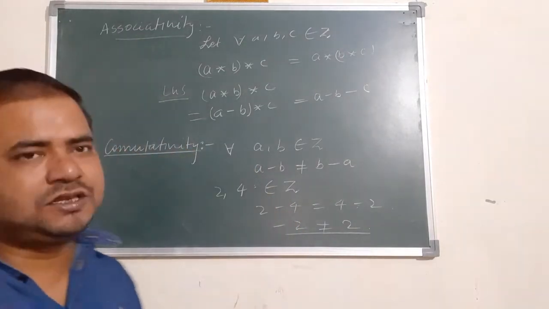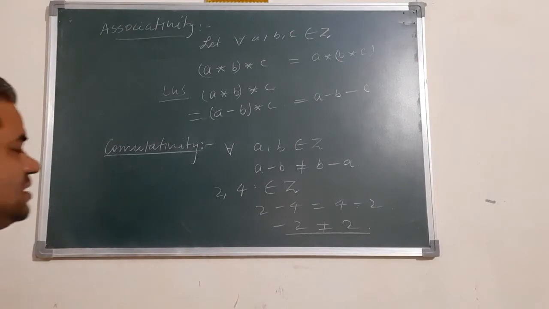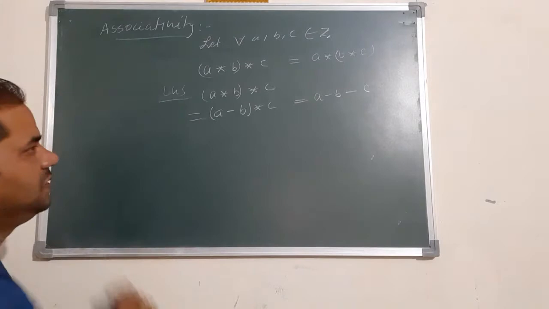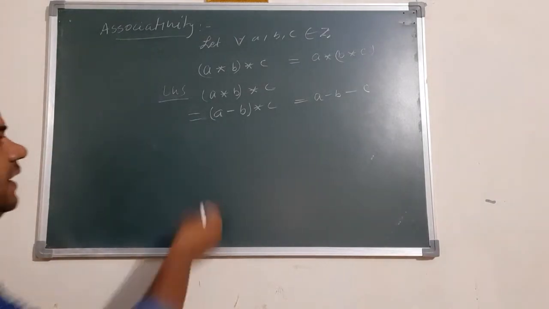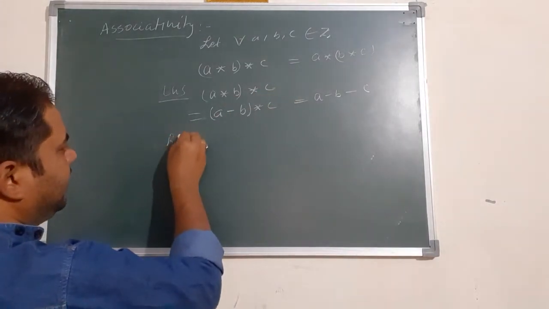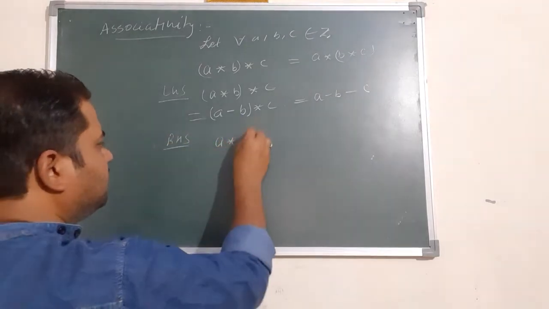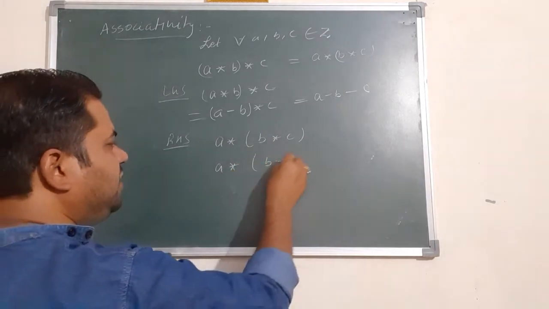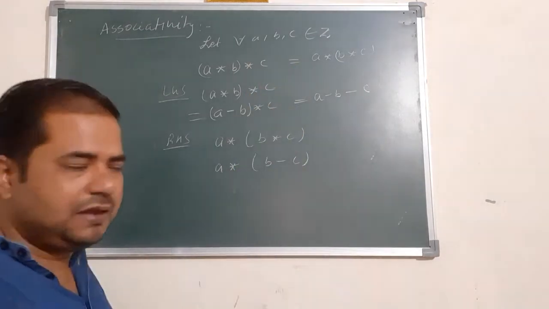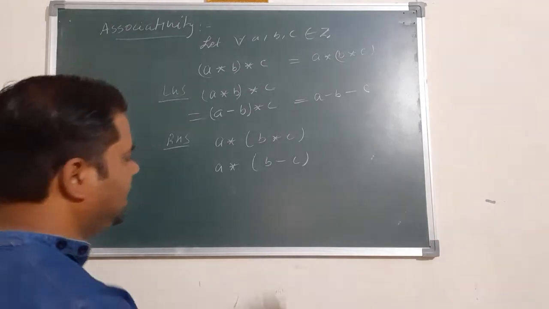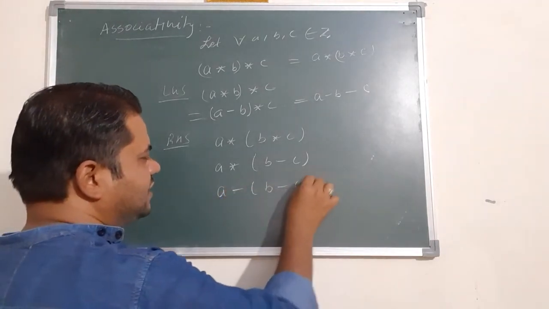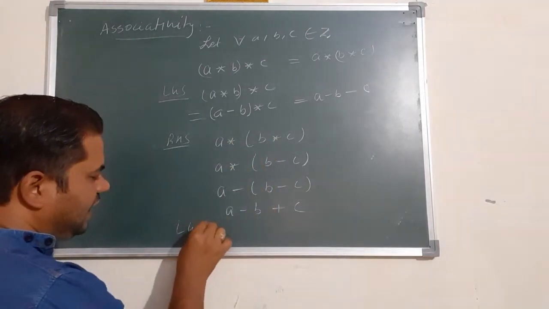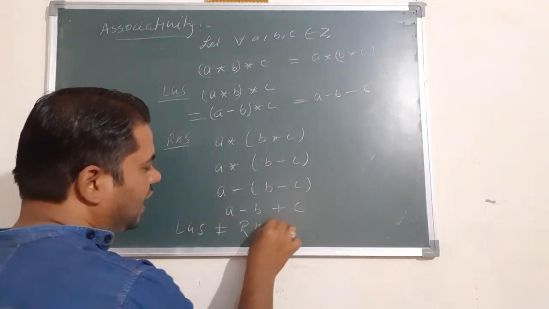Now what about the RHS? If we talk about the RHS, then A star B star C is A star B minus C, as per the definition, B star C is B minus C. And now A minus of B minus C, so you can write A minus B plus C. And if you see here, LHS does not equal RHS.